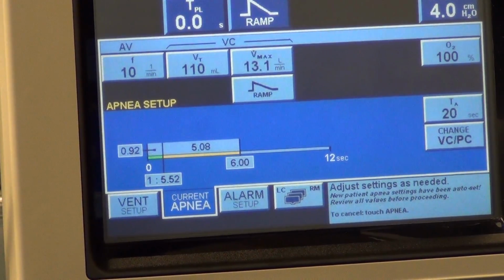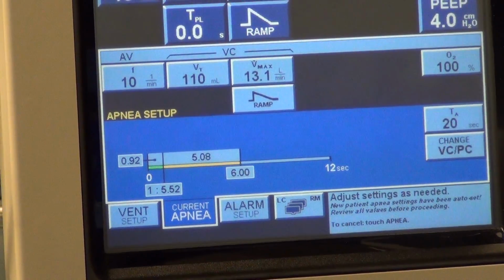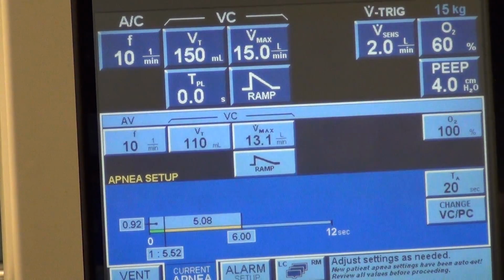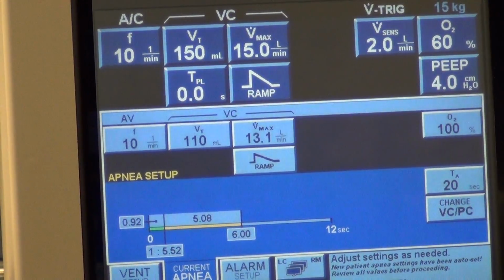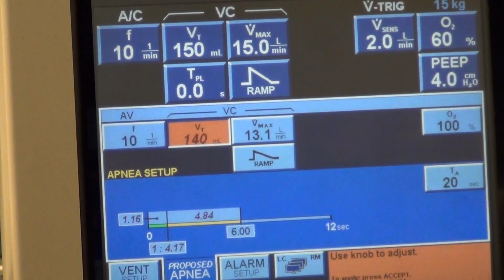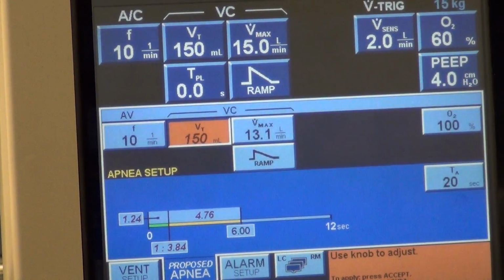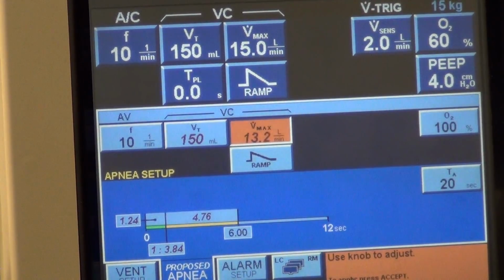Next, remember, this machine also says, hey, what about your apnea parameters? You need to set those. So the rule about the apnea parameters is that you always want to try to match whatever settings that you have. All right, so our rate we see is set on 10. Our tidal volume, we try to match that. Let's set that at 150. All right, set our flow rate at 15.